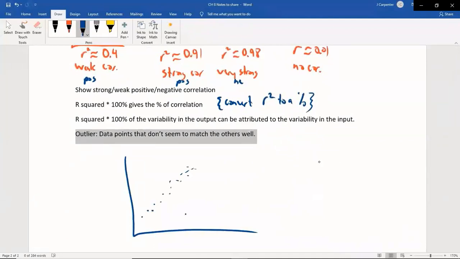These points right here fit the mold really well, no matter what we're talking about. But this point right here and this point right here, they just seem to be out in left field, in la la land doing their own thing. Those would be outliers. They don't fit the mold.